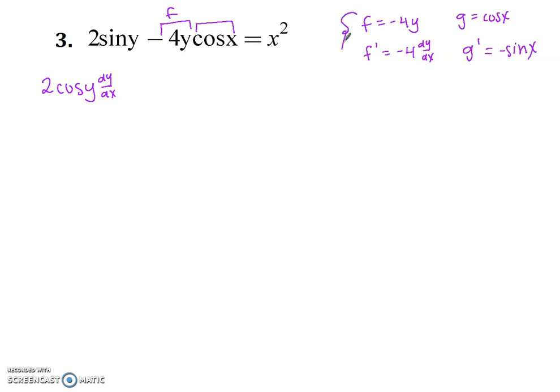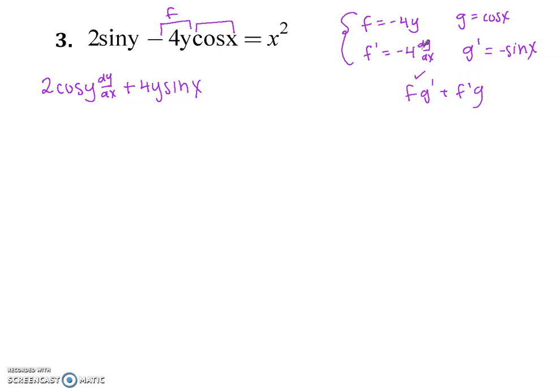Okay, then I'll just take all of this, plug it into my product rule. So f times g prime, that's negative 4y times negative sine of x. So that'll end up being a positive 4y sine of x. Okay, so that's the f g prime.